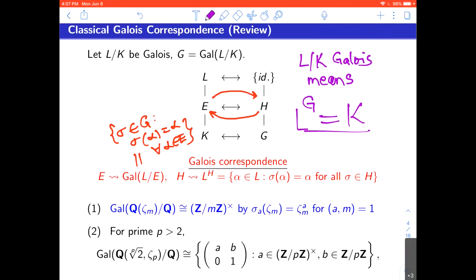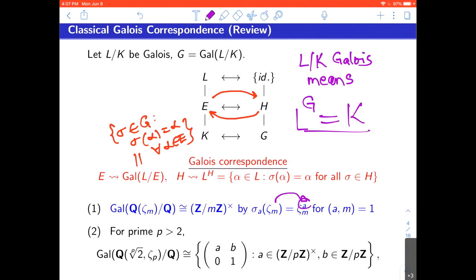So the two standard examples that are worth reviewing if they're not familiar to you is cyclotomic fields. Adjoining a root of unity of order m, the Galois group looks like the units mod m, and the roots of unity get sent to a fixed power.